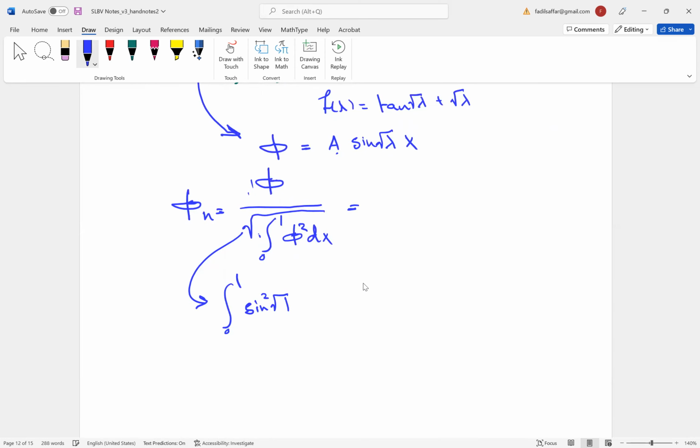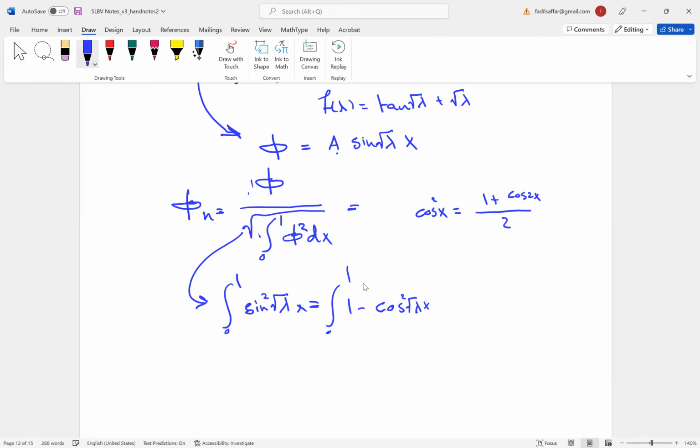square root of lambda x, and that sine squared is equal to 1 minus cosine squared of square root of lambda x. The cosine squared of any x is equal to 1 plus cosine 2x over 2.